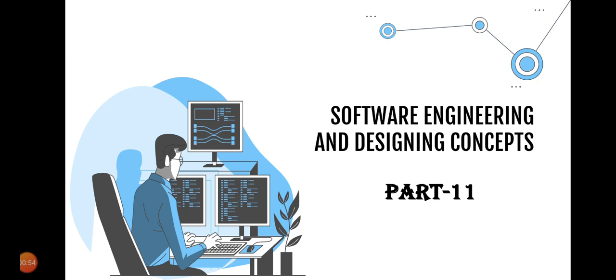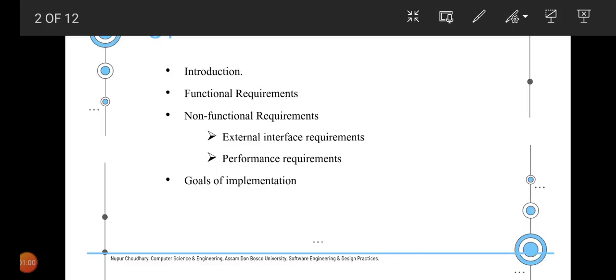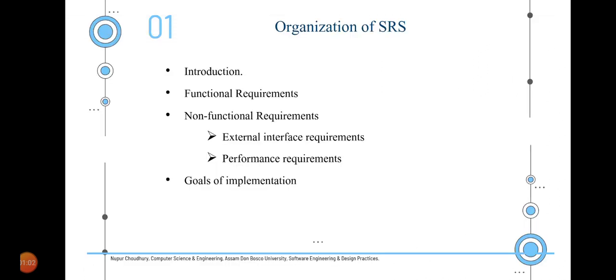Today we will be looking at the organization of the software requirement specification document. As you know, we have discussed that the SRS basically constitutes the various functional, non-functional requirements and goals of implementation.